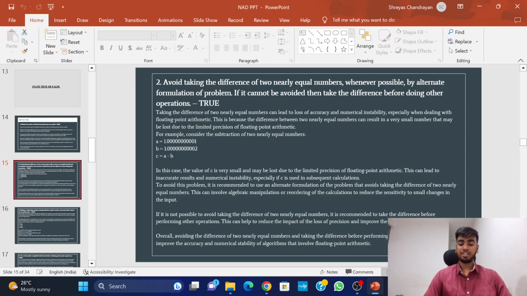This can help to reduce the impact of loss of precision and improve the accuracy of the result. Overall, avoiding taking the difference of two nearly equal numbers and taking the difference before performing other operations can help to improve the accuracy and numerical stability of algorithms that involve floating point arithmetic. Therefore, the given statement is true.